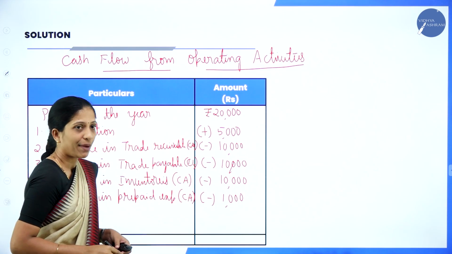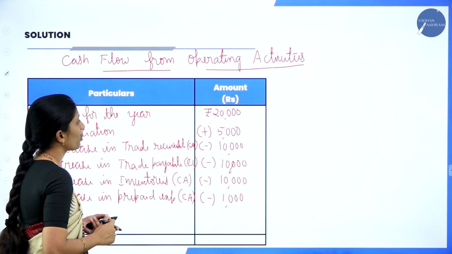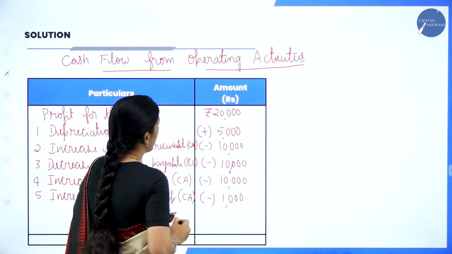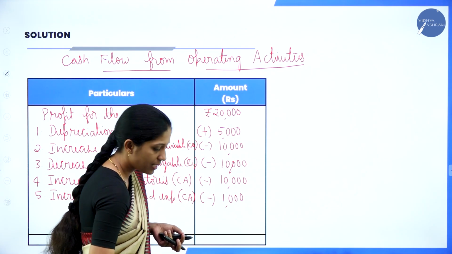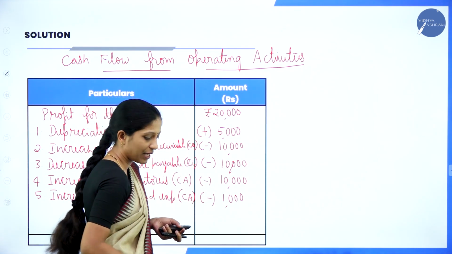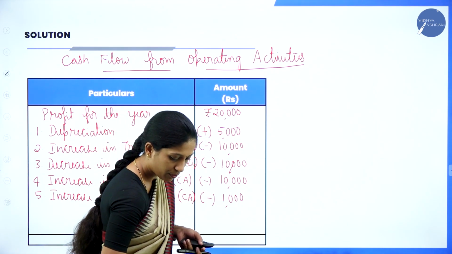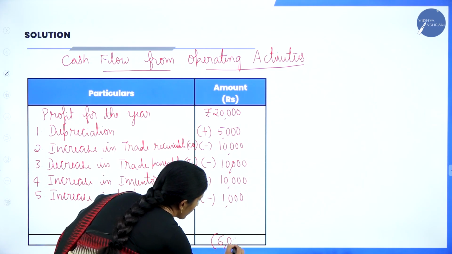So you have to minus. Now you are done with all the transactions. So now we have to total. 20,000 plus 5,000, 25,000. 25,000 minus 10, 20, 30, 31,000. So it will be minus 6,000.